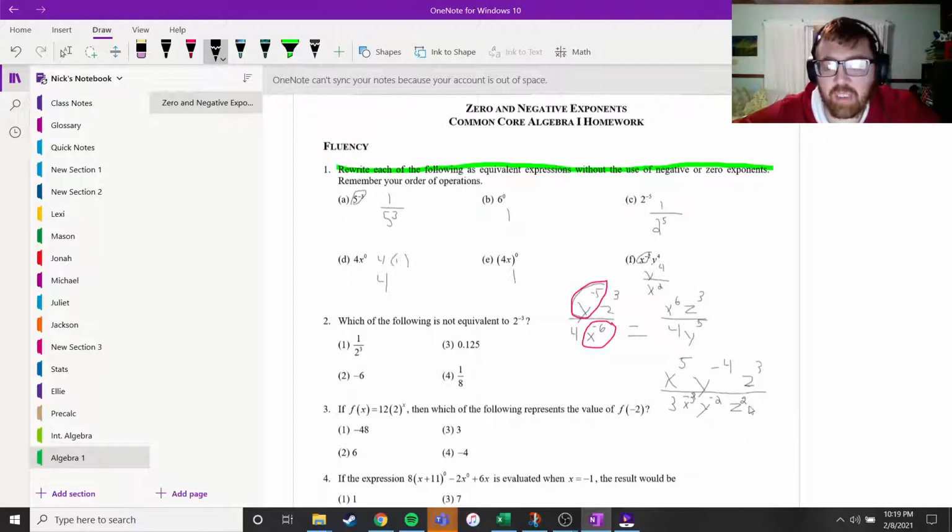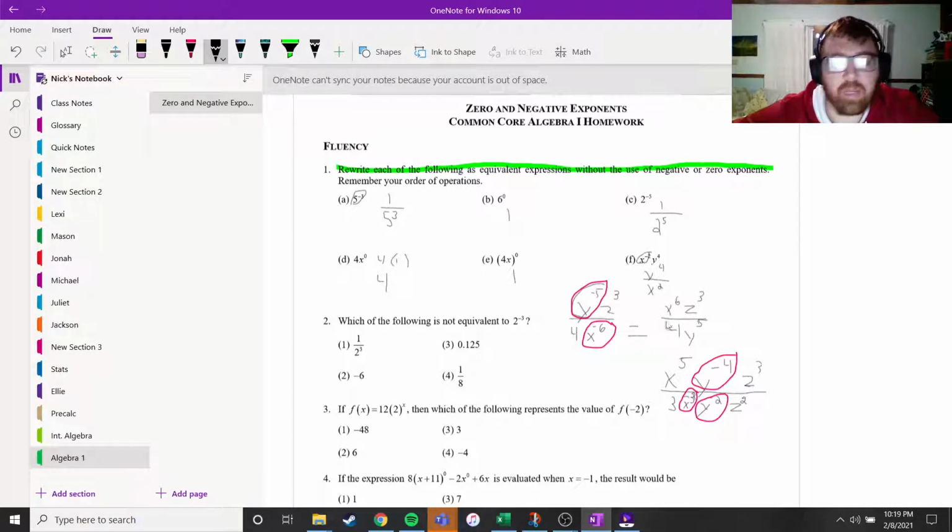All right. So what I like to do here is just get everything on the right side of the fraction line, right? So the only ones we're moving, we're going to move the y, this x, and this y.